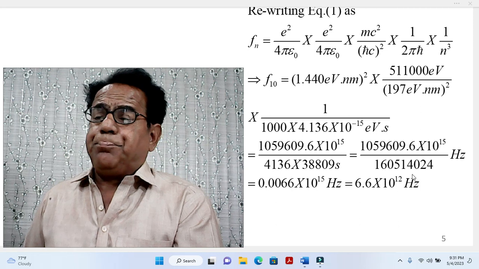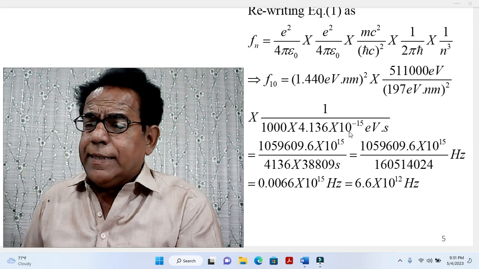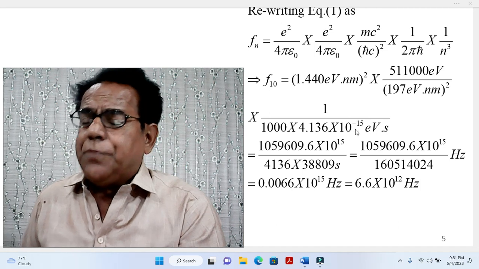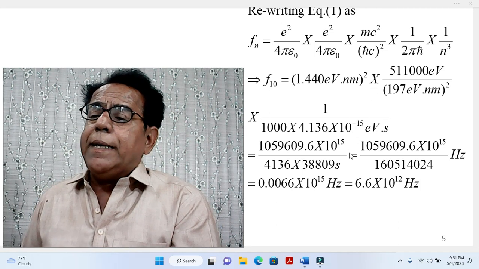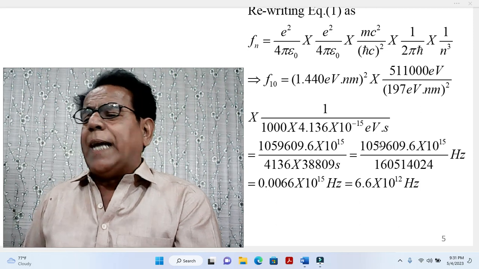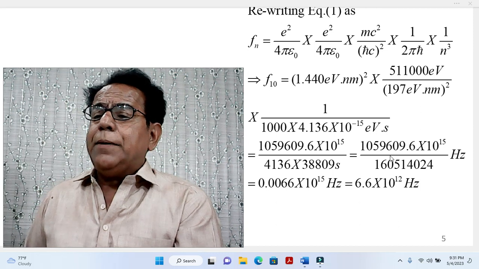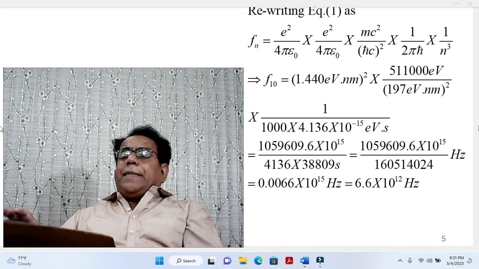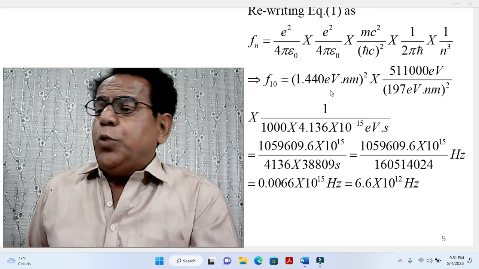After simplifying this, actually dear students, this 10 raised to the power minus 15 will be shifted to the numerator, and it will become 10 raised to the power plus in the numerator. So nothing else, just simplification. In simplification all units are cancelled.